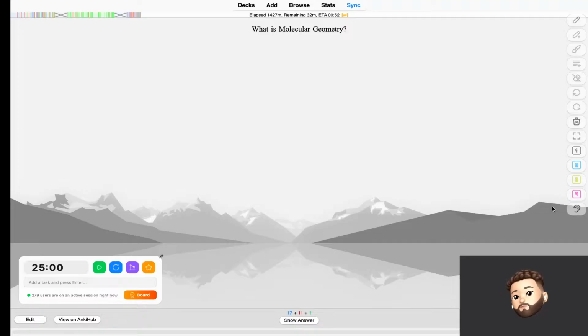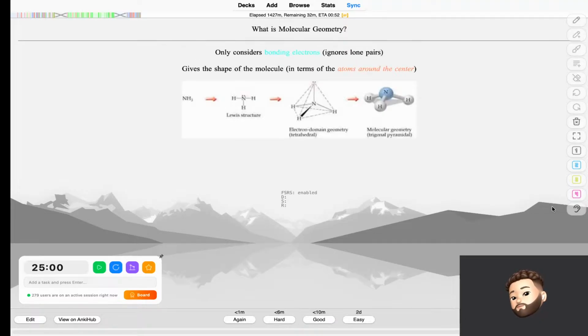It's basically the shape of the molecule. Only considers the bonding electrons to give the shape of the molecule.